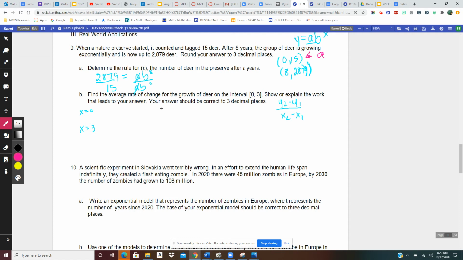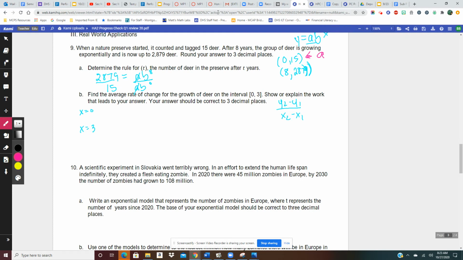Okay, so here I just need to find out what my b value is. So I'm going to divide this. Here's my calculator. So I have 2,879 divided by 15, and I get 191.933.